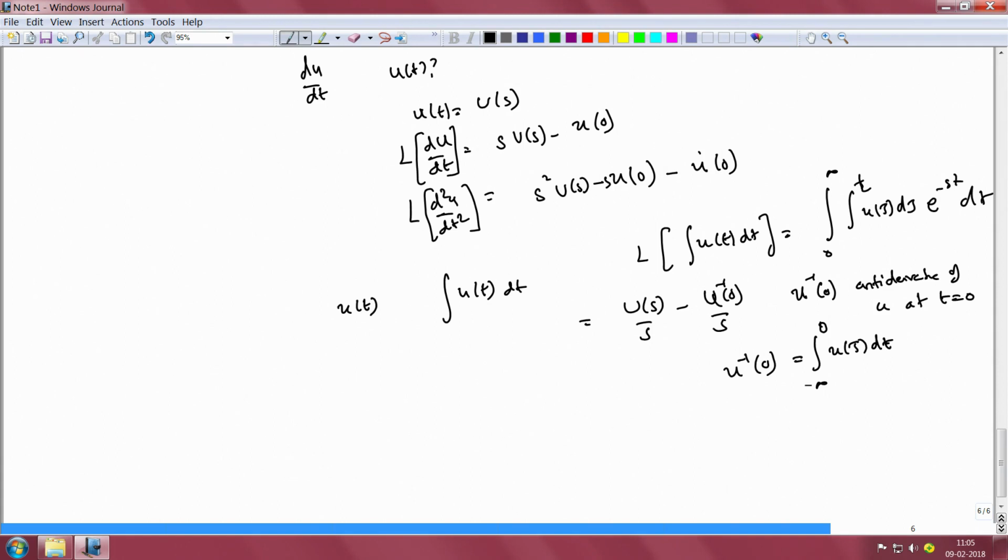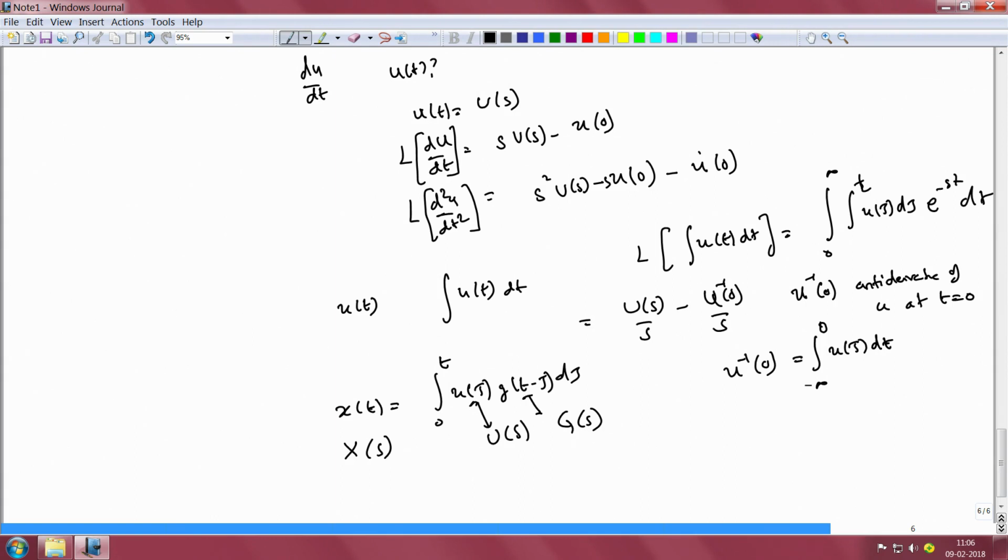Next is the convolution. So if x of t is equal to the integral from 0 to t of u of tau g of t minus tau d tau, what is the Laplace transform x of s in terms of u of s and g of s, in terms of the Laplace transforms of the input and the impulse response?